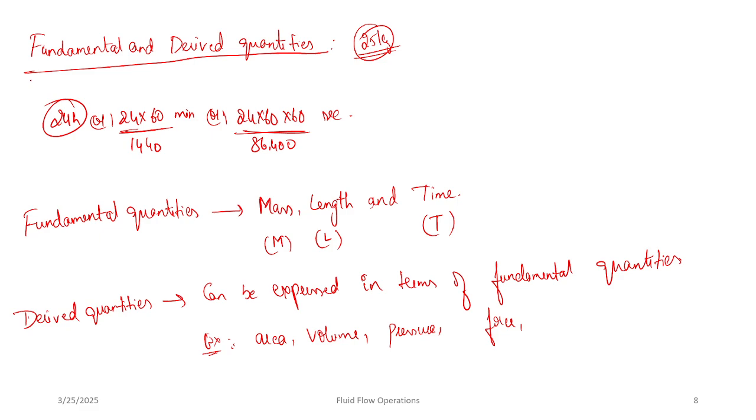And in the fundamental units, we again have different types. The first one is primary fundamental units, and the second one is auxiliary fundamental units. And then we also have something called convenient fundamental units. So we'll come to that. Primary, auxiliary, and convenient fundamental units.